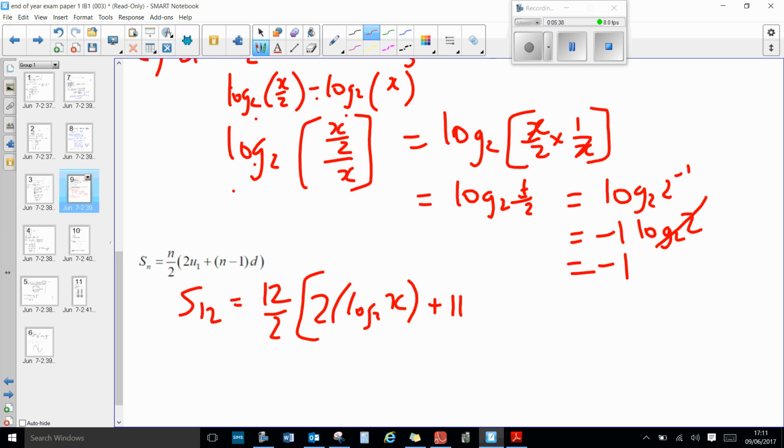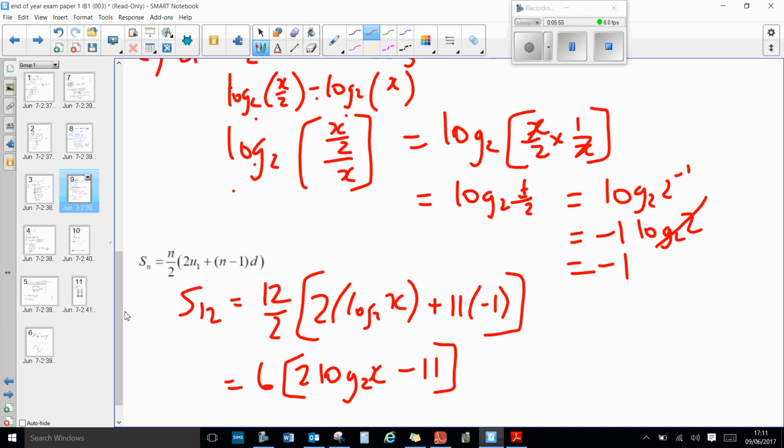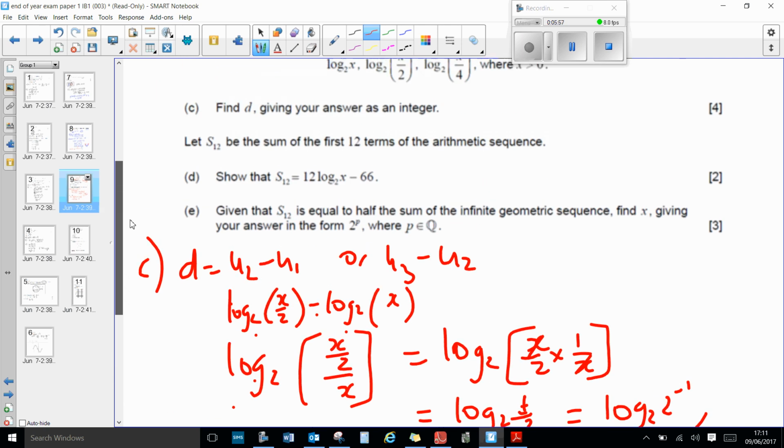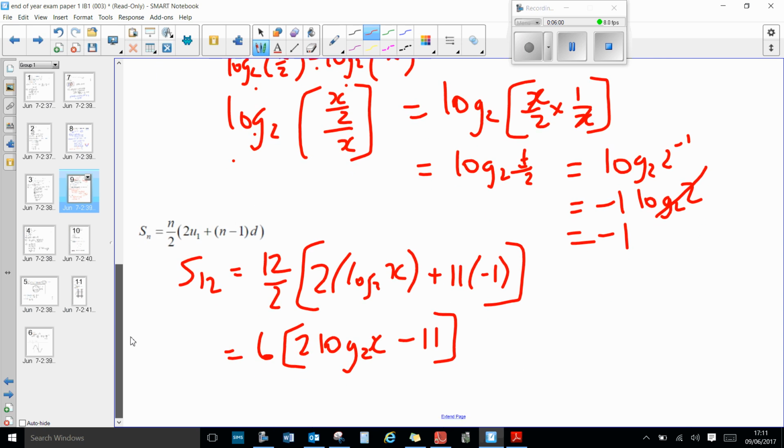I did the 12 minus 1 in my head, times negative 1. So 6 brackets 2 log base 2 of x, and plus 11 multiplied by negative 1 is minus 11. And what do we have to show? Okay, so they've expanded that out, which gives 12 log base 2 of x minus 66, which is what they had here.